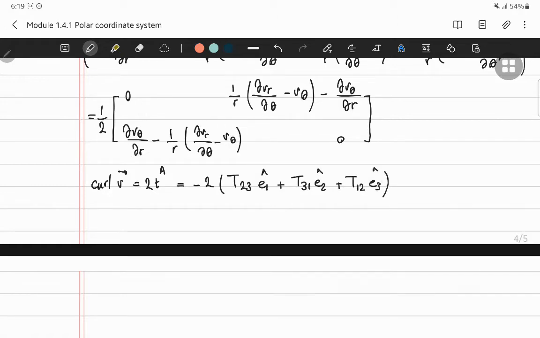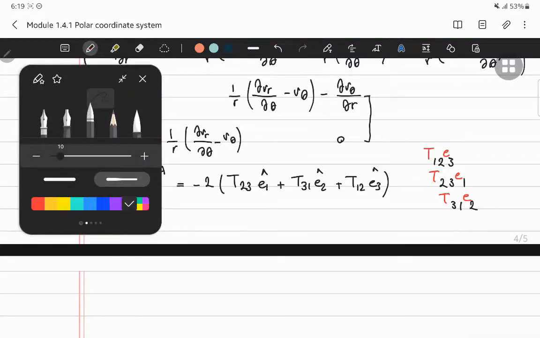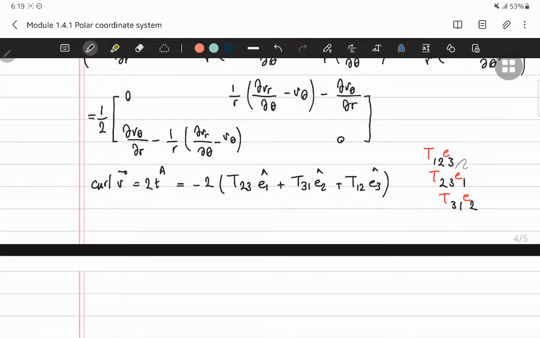And to remember this, you can just write 1, 2, 3: so you have 1, 2, 3, 2, 3, 1, 3, 1, 2. So this becomes T12 E3, T23 E1, T31 E2. You can just write them here and rearrange the order of E3, E1, and E2.